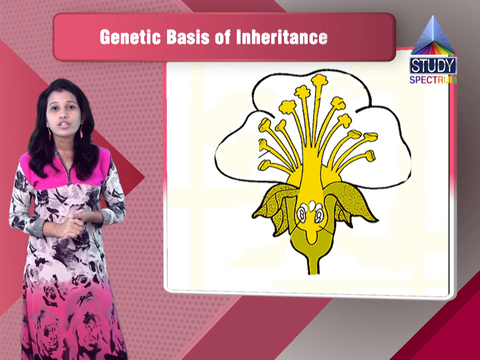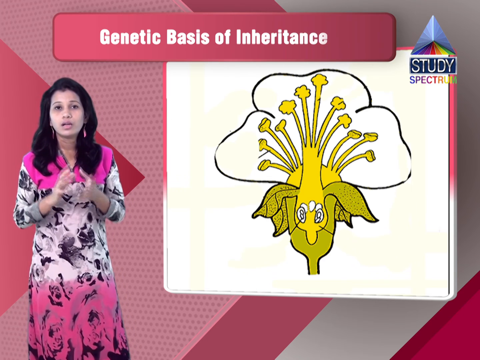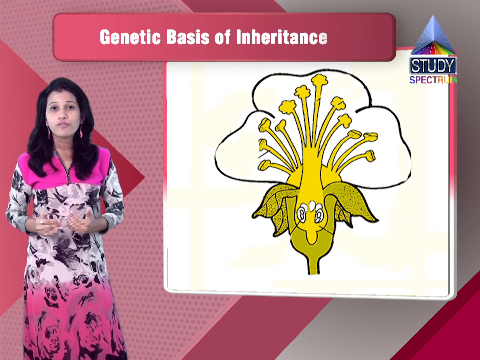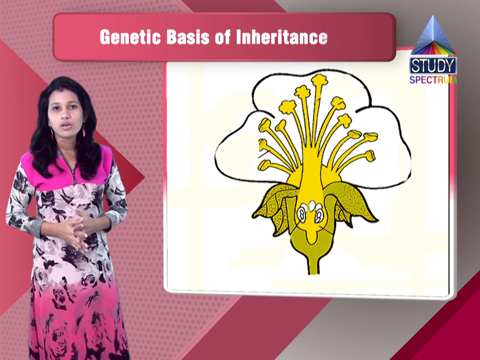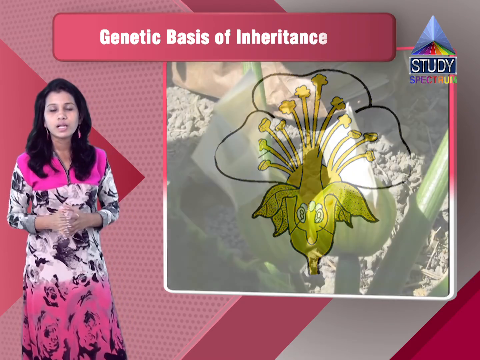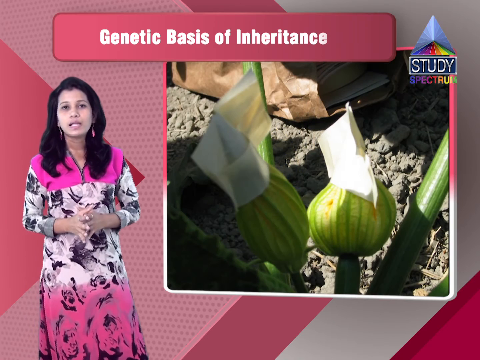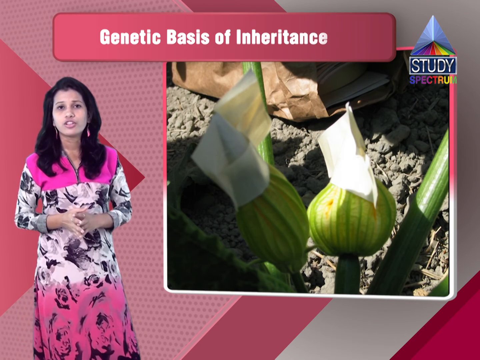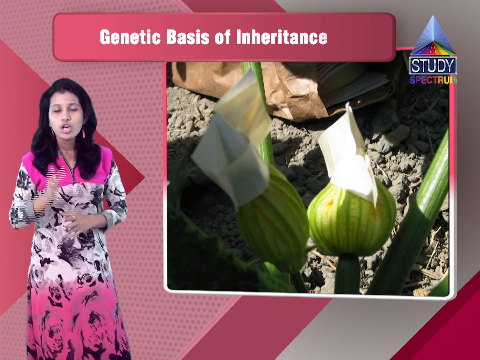After obtaining the F1 generation, these F1 plants were allowed to self. So the third step in Mendel's experiment was selfing, that is the self-pollination of the F1 generation to get the F2 generation.